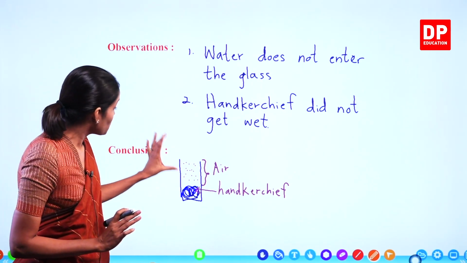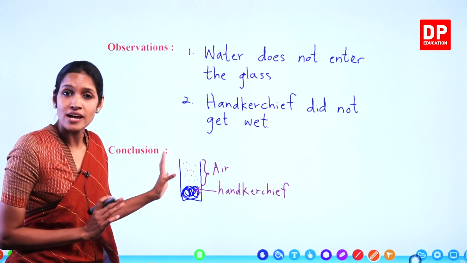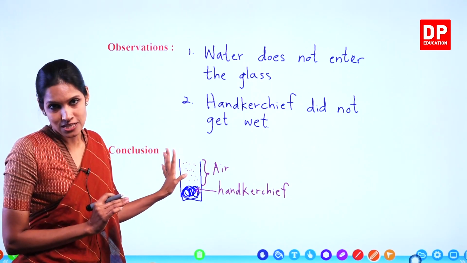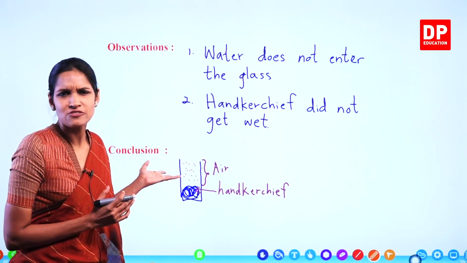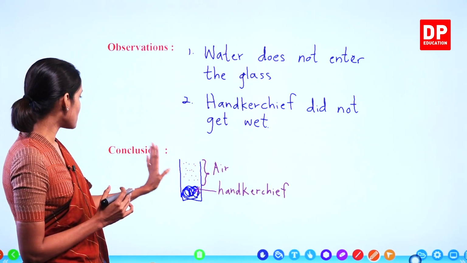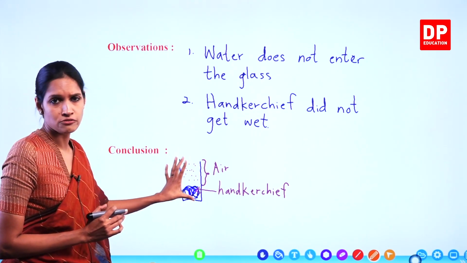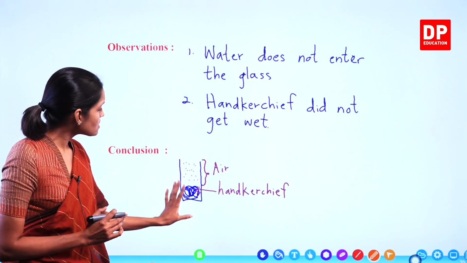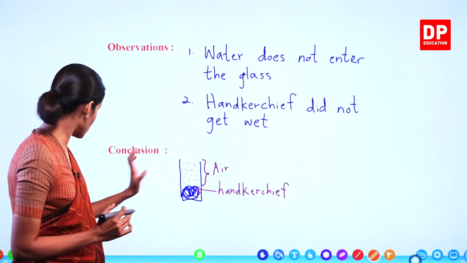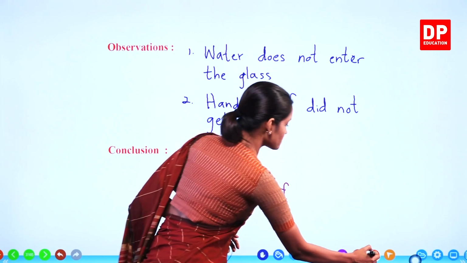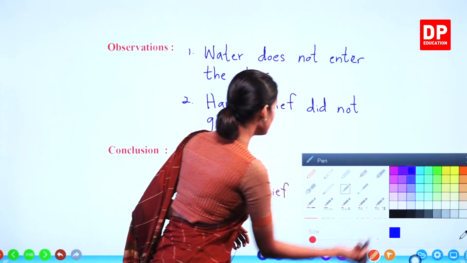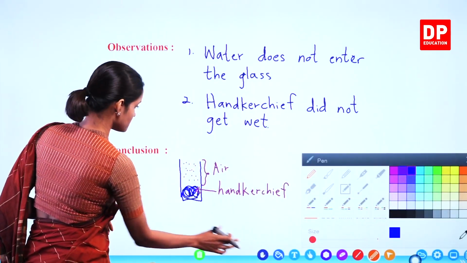Understand? So we can come to a conclusion that air occupies space. Understand? Isn't it very easy, children? So we will write down the conclusion. It's very easy if you draw a diagram for this one and if you show it like that, it's easy to understand. Okay? So we are going to write down the conclusion.